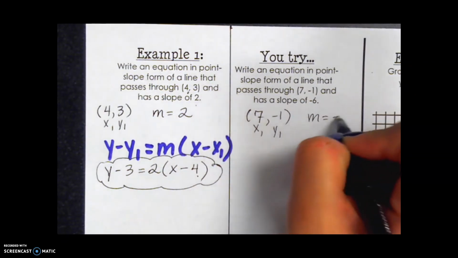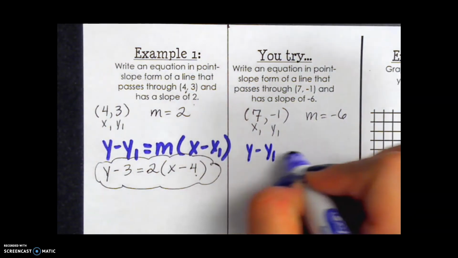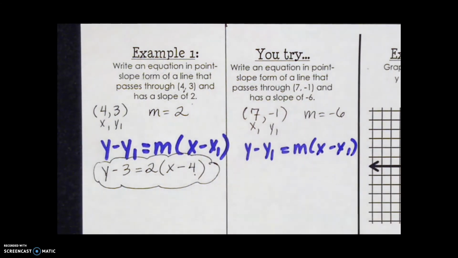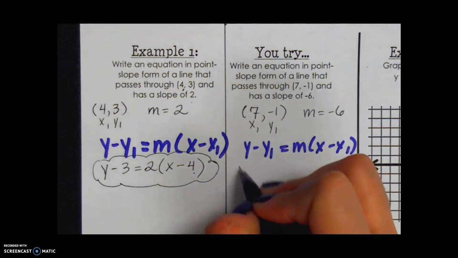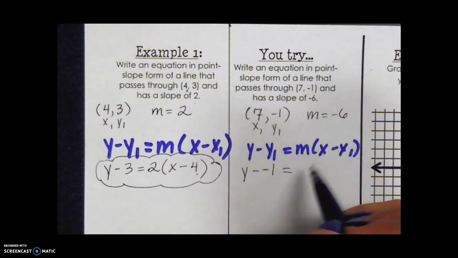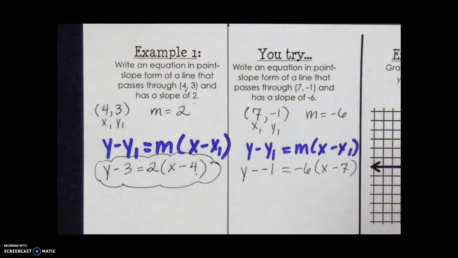Our slope is -6. Now our equation is y minus y1 equals m(x minus x1). So we're just plugging in our stuff. Y minus -1 equals -6(x minus 7).